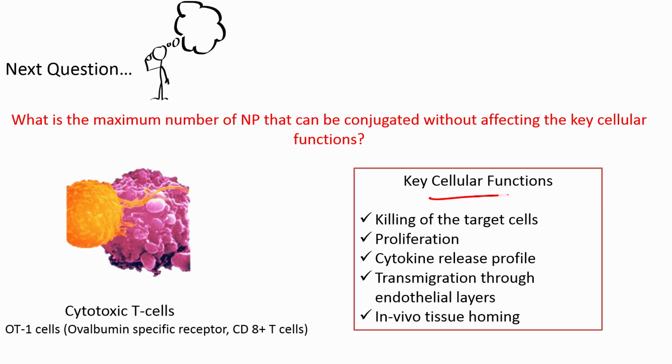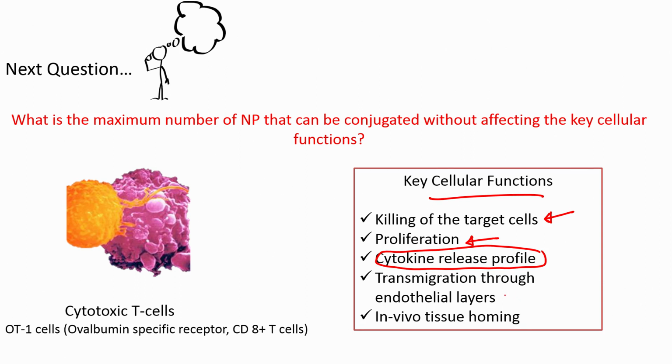And a few of the functions they are now testing for these T cells is to see first of all whether its ability to kill target cells is the same as before the conjugation, whether it can proliferate. So, these are some of the major key functions of the T cell, whether the cytokine release profile is any different before and after conjugation of the particle.